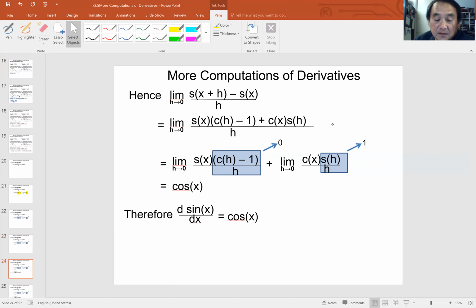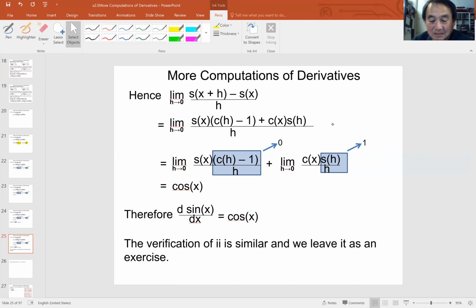Similarly, you can prove that the derivative of cosine is minus sine. We basically just change the sine of a sum of two angles to the cosine formula for the sum of two angles.